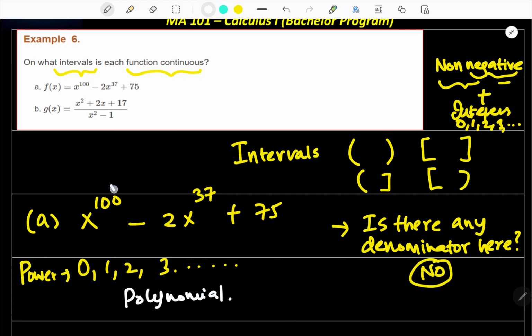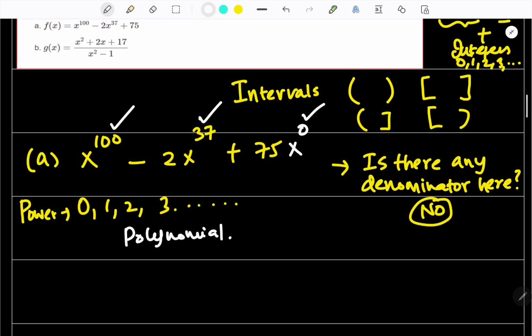X to the power of 100, yes, it is an integer. X to the power of 37, yes, it's an integer. Teacher, here there is no x. That is x to the power of 0. 0 is an integer power, right? So automatically, yes, it is a polynomial.